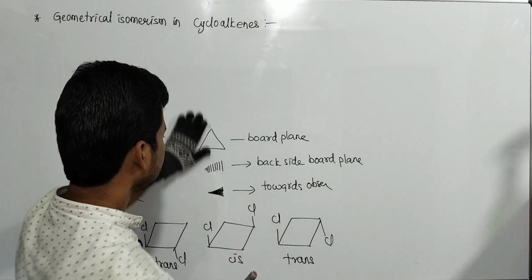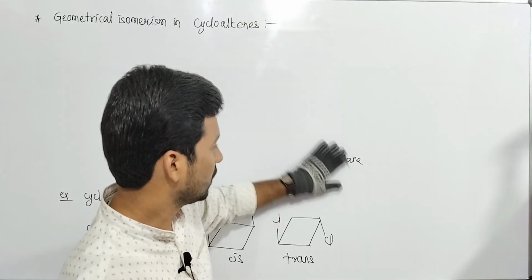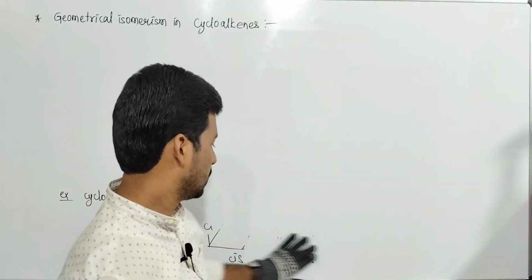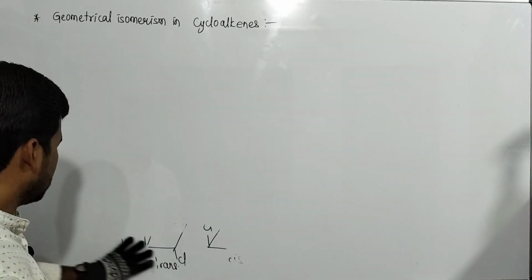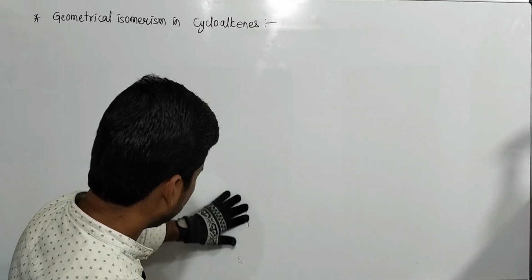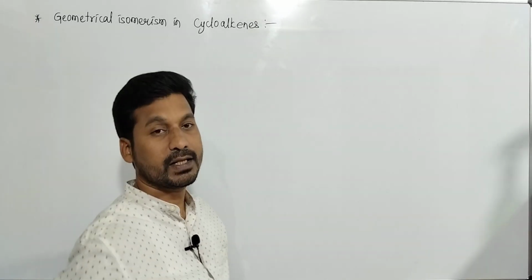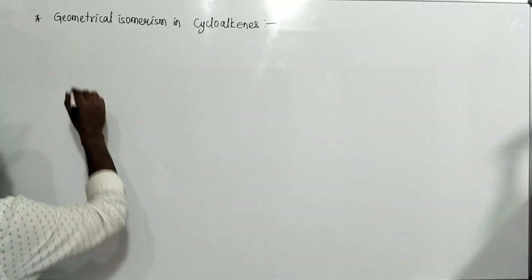It is practically observed that cycloalkenes containing greater than 7 carbon atoms only show geometrical isomers. Remember this point.